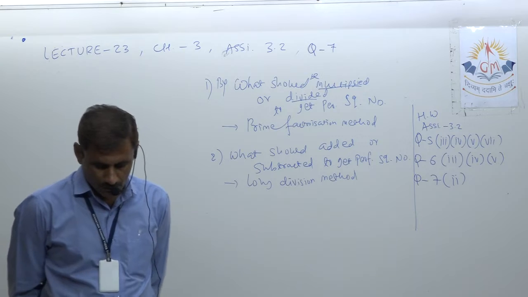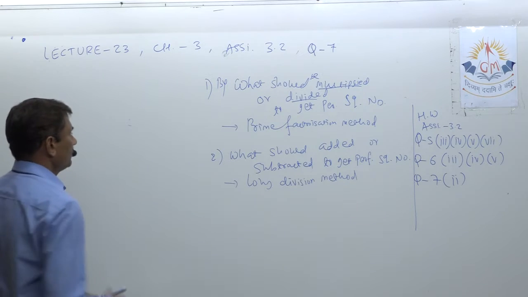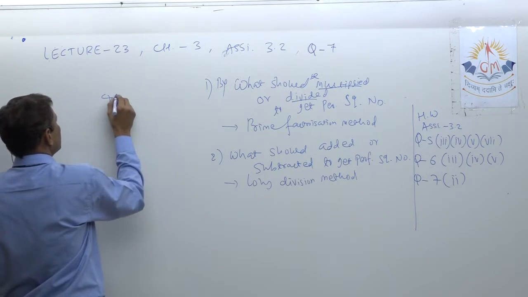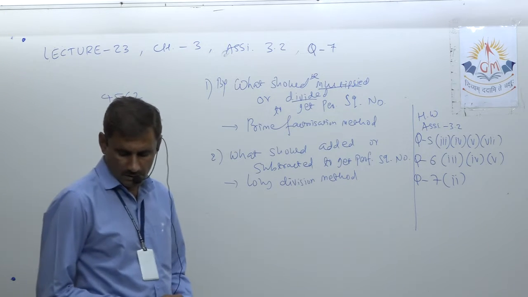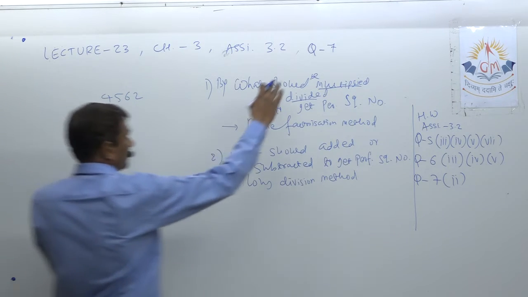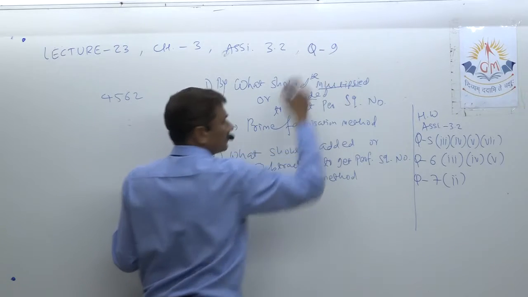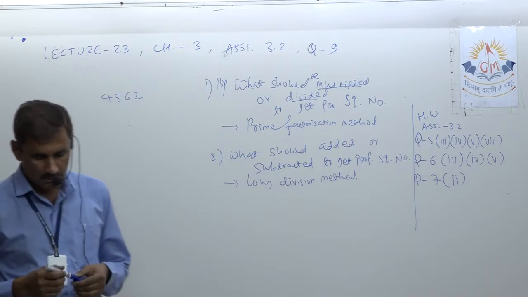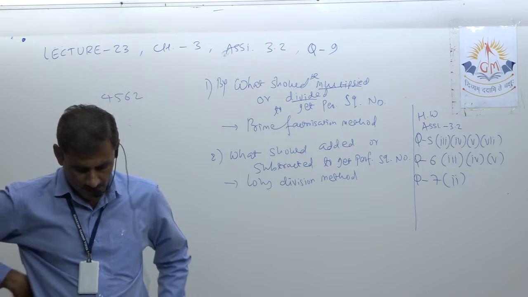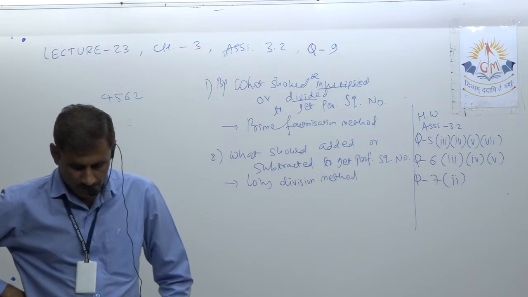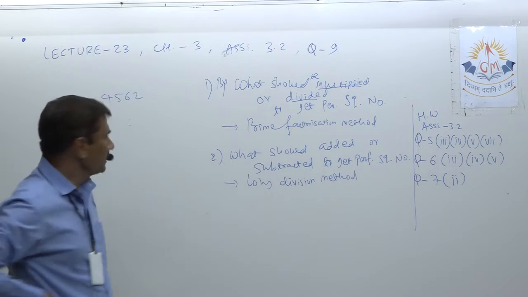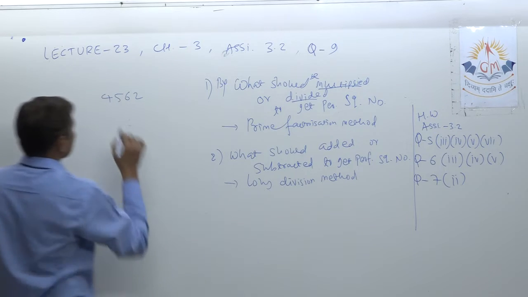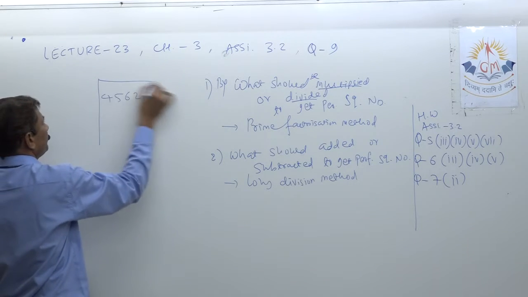Now it is 4562. What are they asking? In number 9, what must be added? So the long division method here.